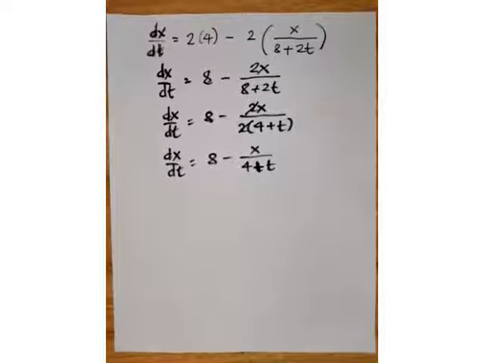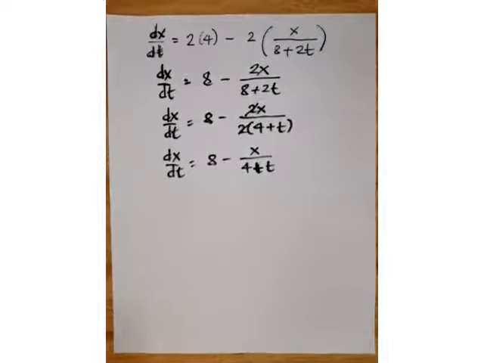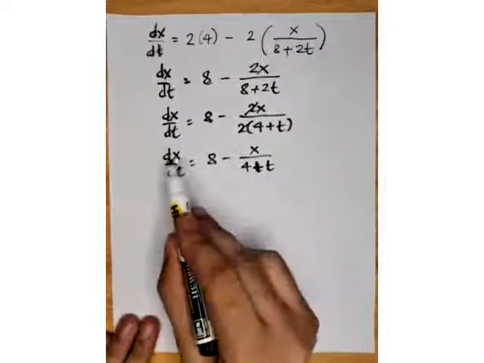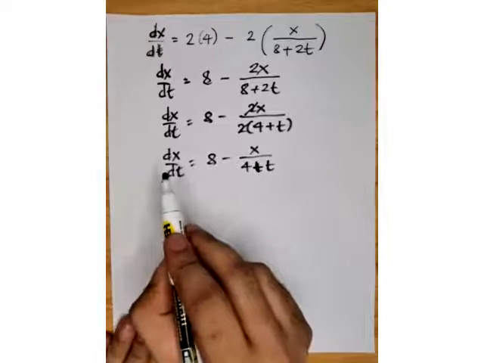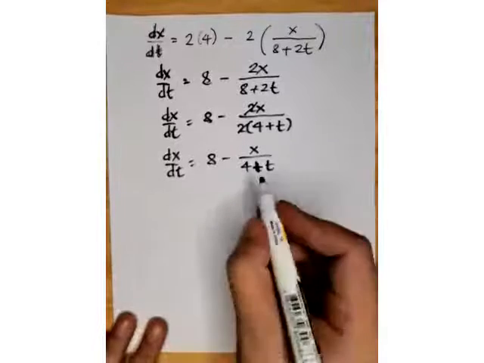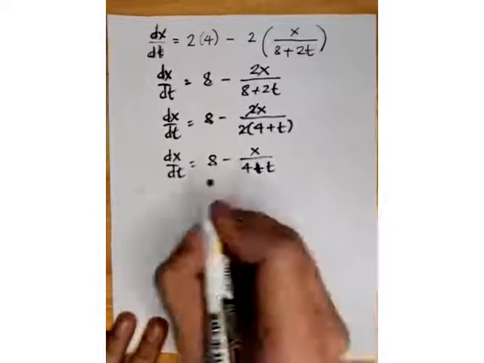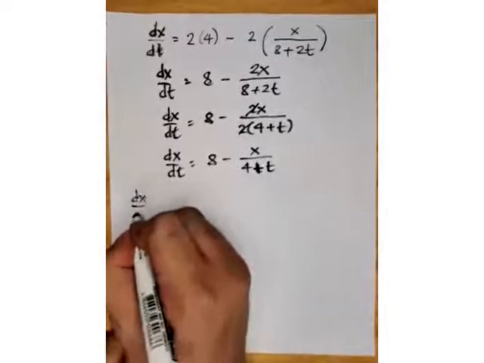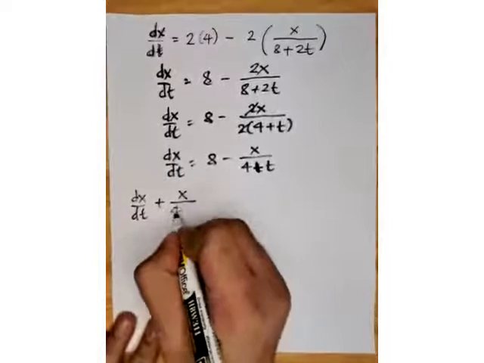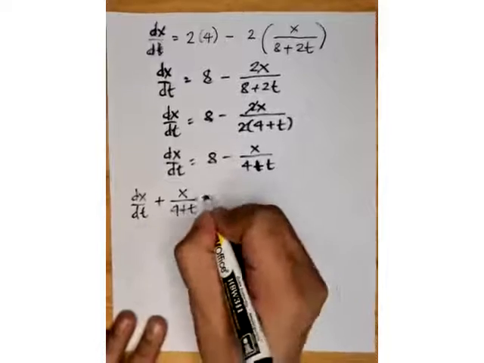But in this case, this becomes a linear equation. So it's linear in x. Okay? So ang gagawin lang natin is ita-transpose natin ito. So ita-transpose lang natin yung x over 4 plus t. So dx over dt plus x over 4 plus t is equal to 8.